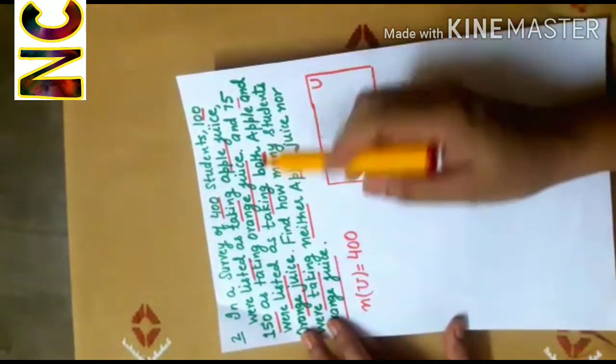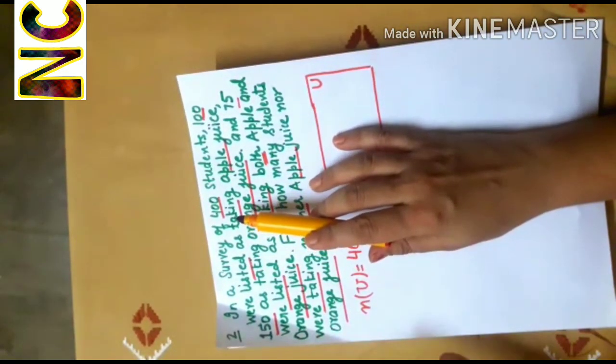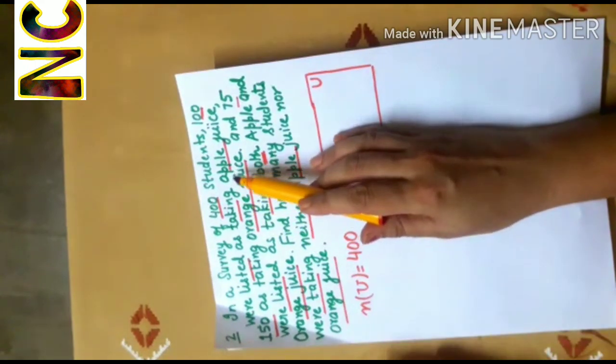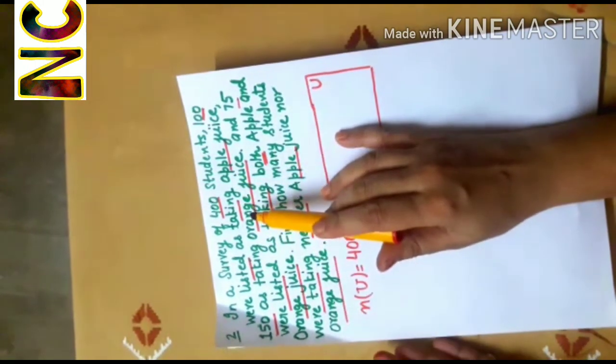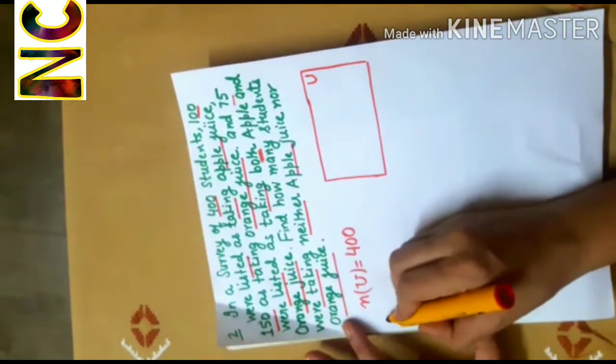Now we talk about the number of students who are taking apple juice and the number of students who are taking orange juice. So first let us define the sets.